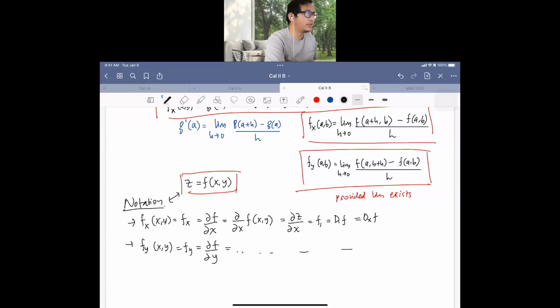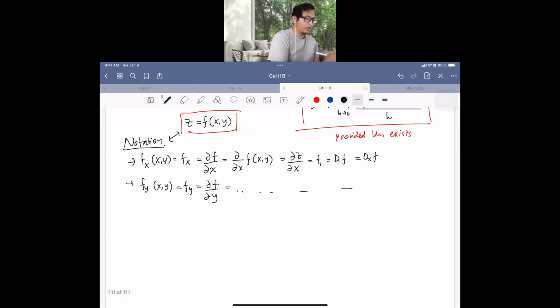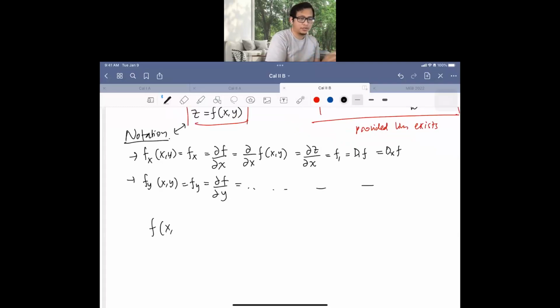And how can we use this partial? Let me just give you an example, and I think if you understand and are familiar with it, you'll be fine for the calculation part. But if you're still not really sure how to do it, please pay attention.